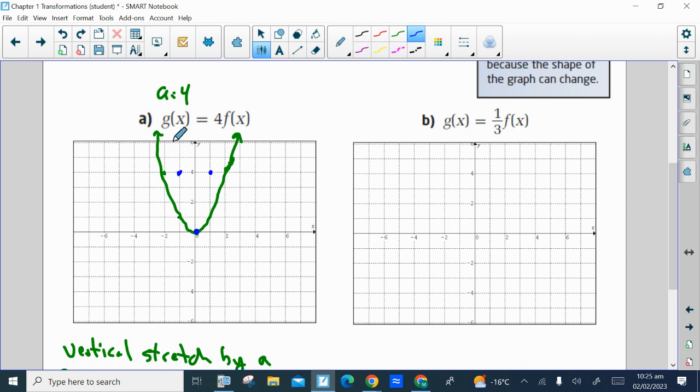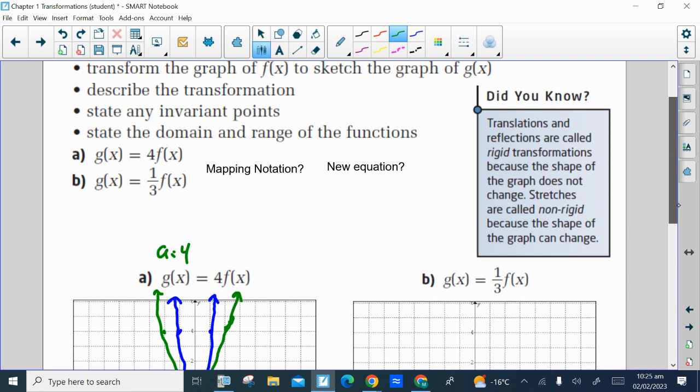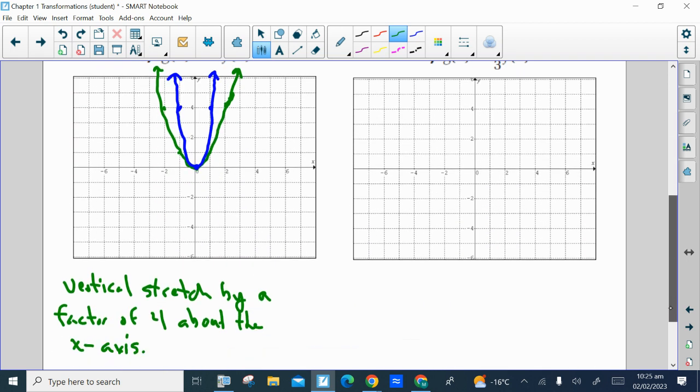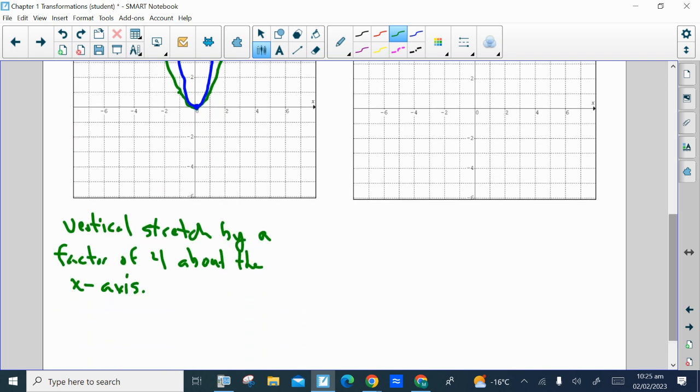So the graph got really skinny compared to the original. That is the net result of vertically stretching by a factor of 4. Okay, so we've done our graph, we've described the transformation, we have an invariant point at 0, 0.